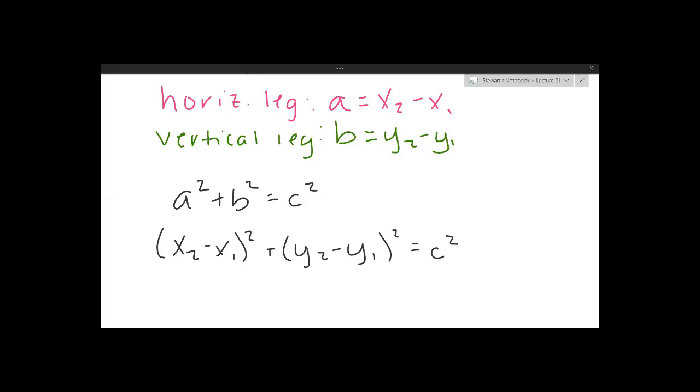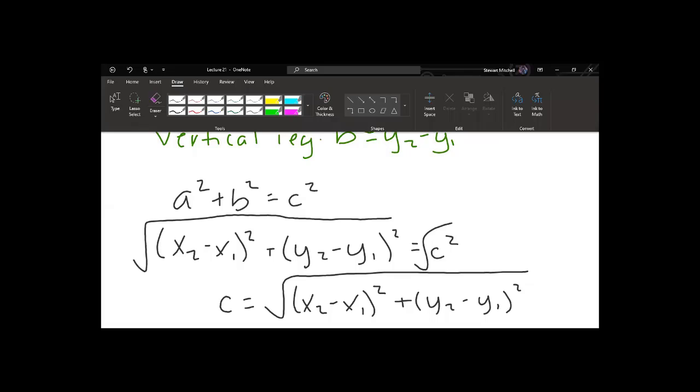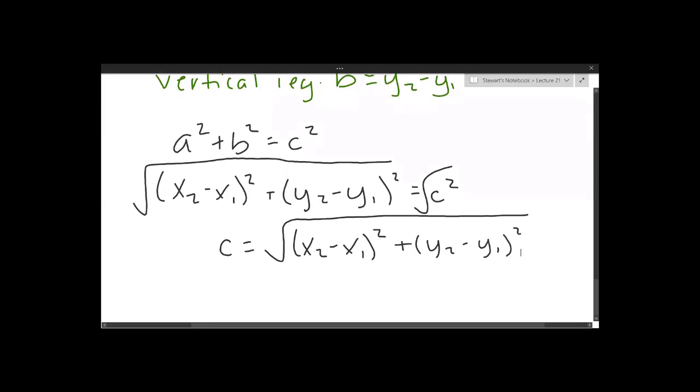And like we did before, we take the square root of both sides. So we're left with c is equal to the square root of x2 minus x1 squared plus y2 minus y1 squared. And now we have what's called the distance formula. And we can use this to solve for the distance between any 2 points on the Cartesian plane.